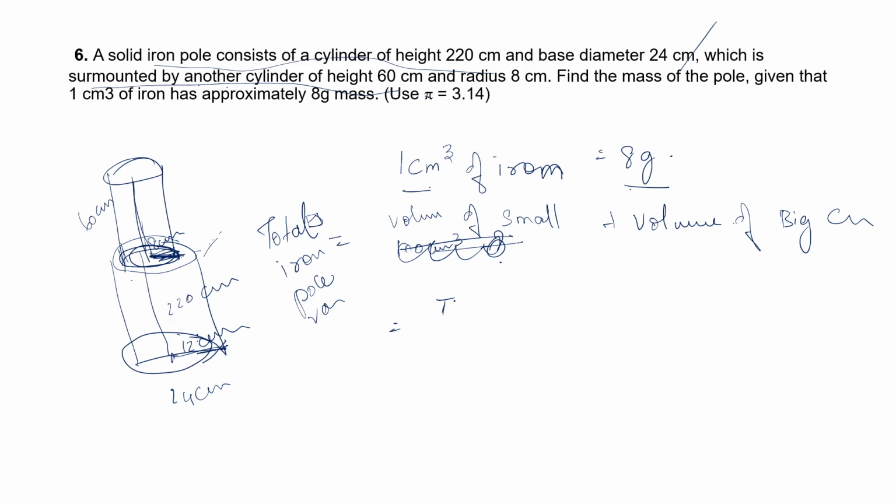So you can't take r as the same here. Pi we can take common outside, that is 22/7. Smaller cylinder r is 8 into 8 into 60 height, and larger cylinder r is 12 into 12 into 220.